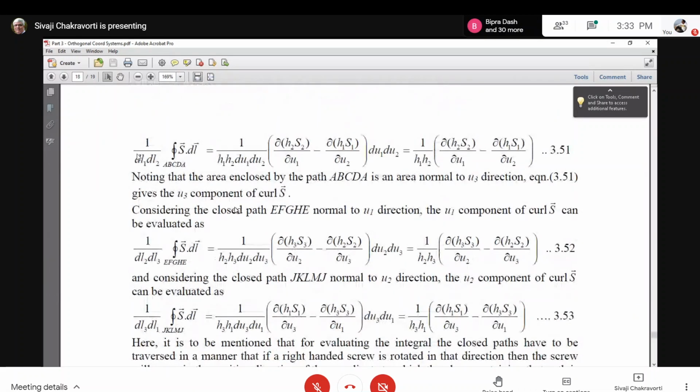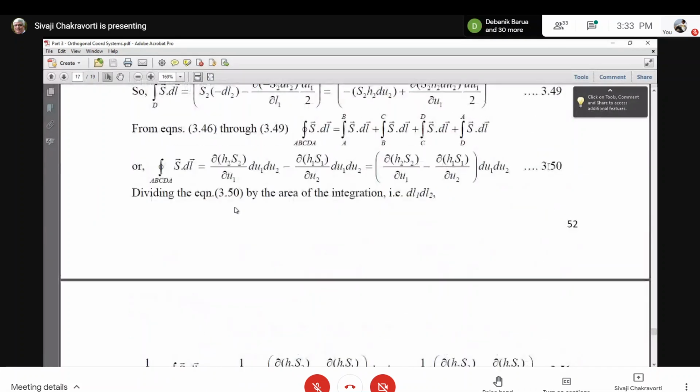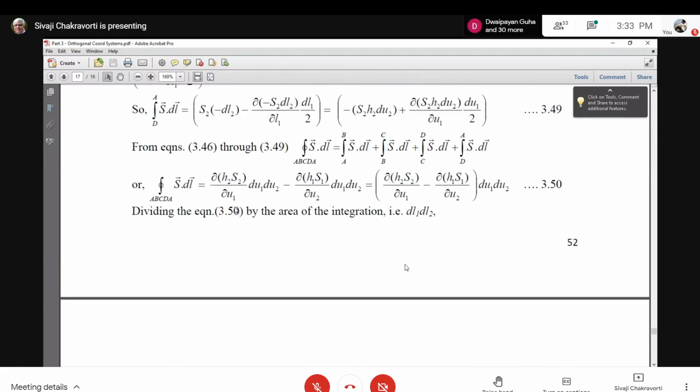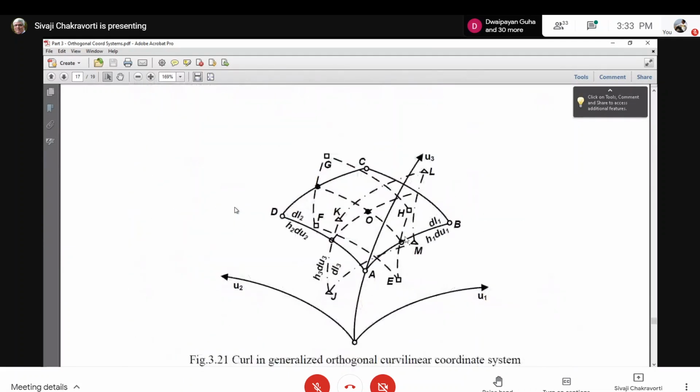So equation 3.51 is nothing but equation 3.50 divided by this area. And you can see that it becomes one component of curl. Curl has three components. Now, which component is it? Of course, it is the component in which the area vector works. Now, ABCD is an area which is in the U1, U2 plane.